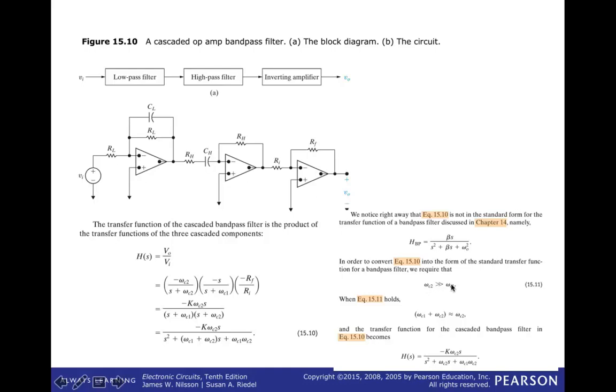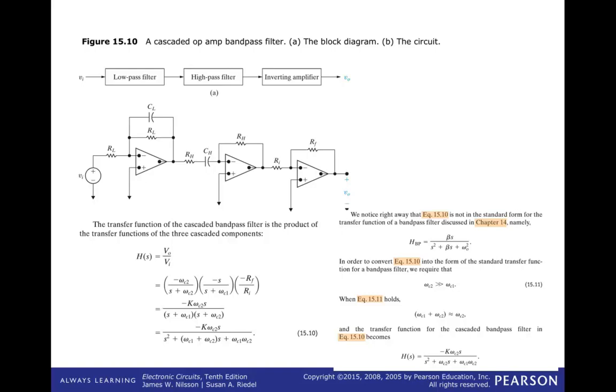If these two frequencies get too close together, then the slope approaching the asymptote of one of the filters interferes with the slope approaching the asymptote of the other filter, and so the filters will actually affect each other when you look at the actual real numbers in determining the magnitude of the transfer function, as opposed to the asymptotic approximation.